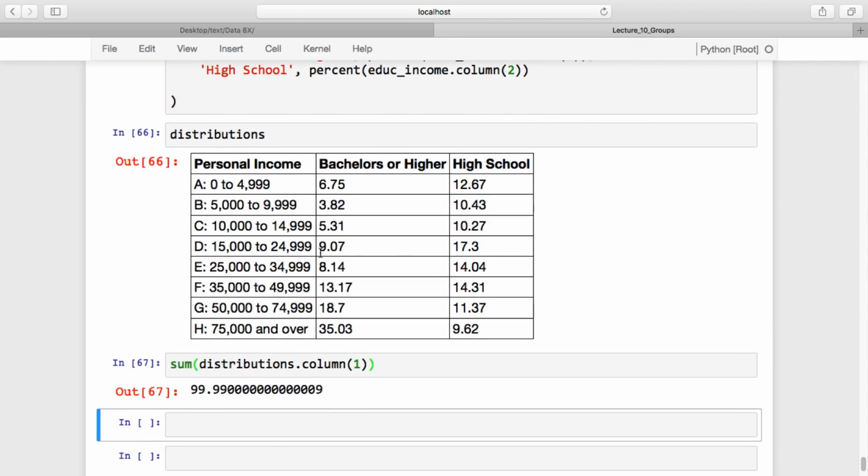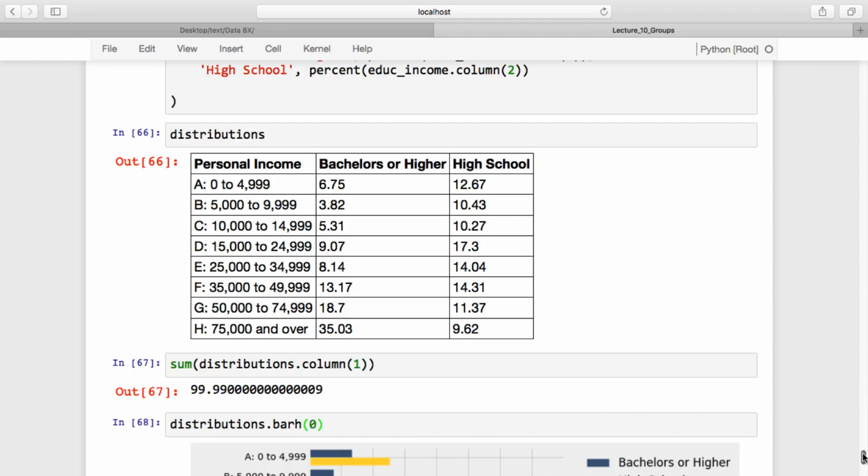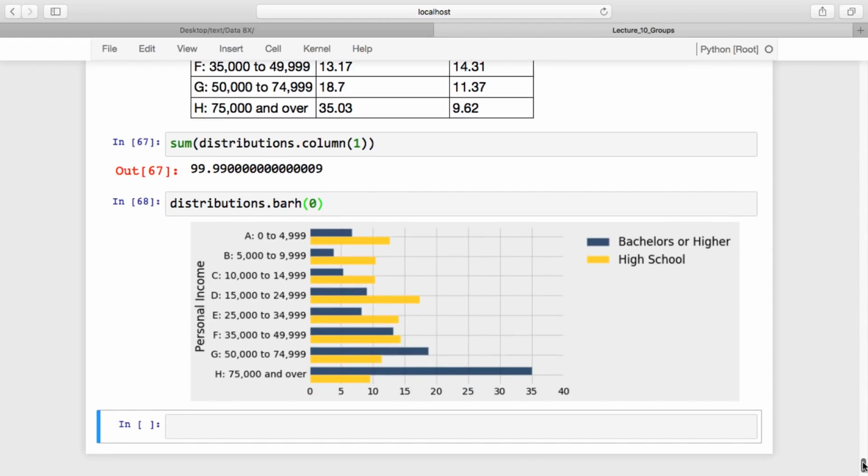As you know, visualization is a great way of seeing. We'll draw a bar graph of the two distributions. And those distributions are quite different.